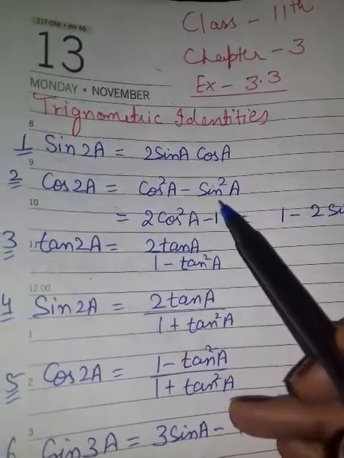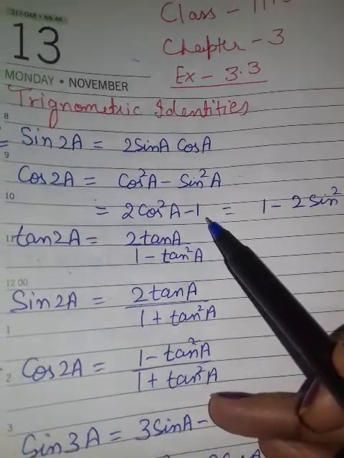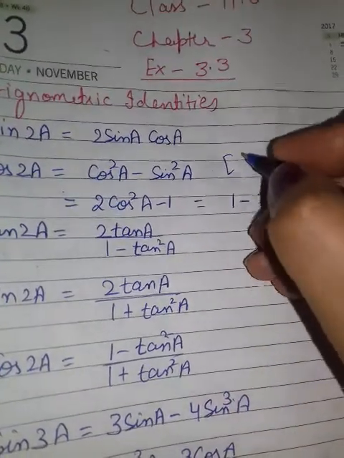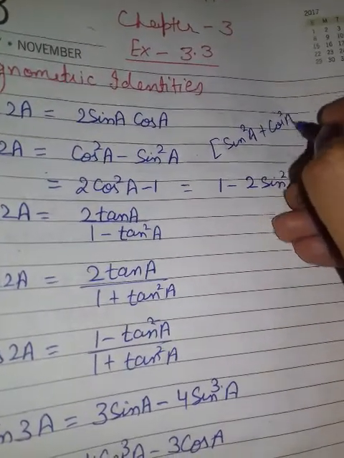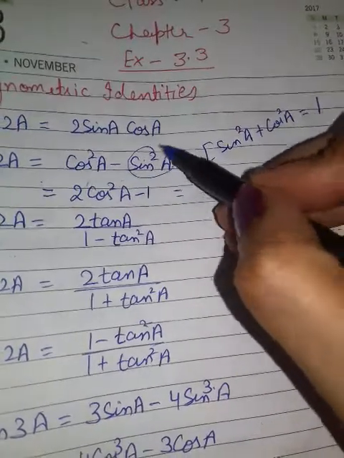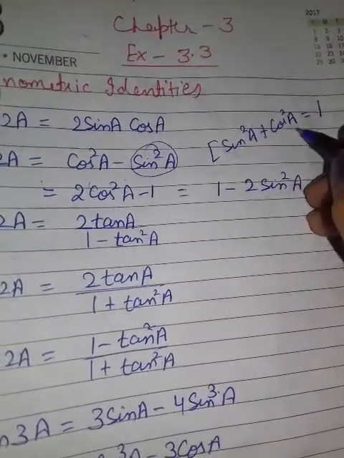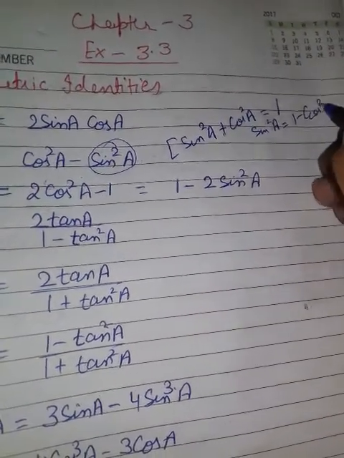And this can also be written as 2 cos square a minus 1. Why? Because you know this identity: sine square a plus cos square a is equal to 1. So I derived the value of sine square from here. Sine square a can be written as 1 minus cos square a. Clear?